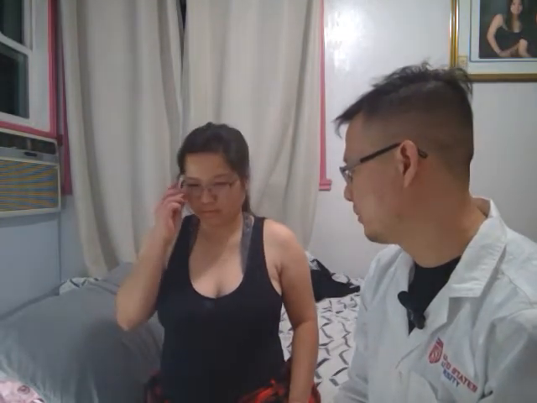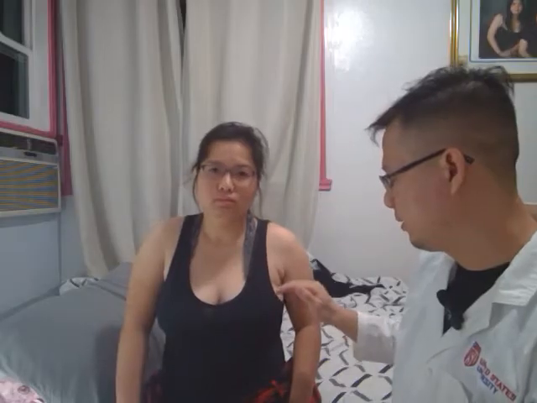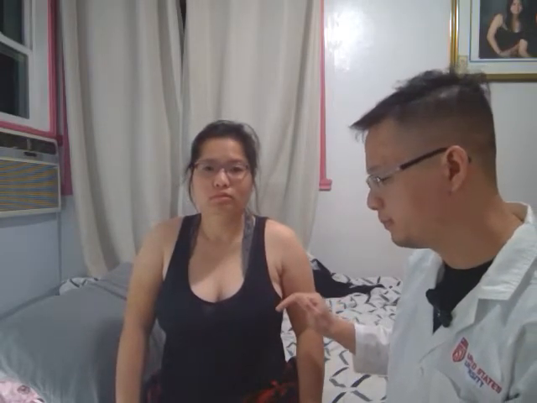So in the inspection, there is no pulsation and no heave, and then we check for the pulsation of the apical impulse. I usually don't see that for the PMI except in a skinny patient, and she has breasts that cover everything. So I cannot see any pulsation there, and there is no pulsation I see on the chest. There is no heave or lift also.